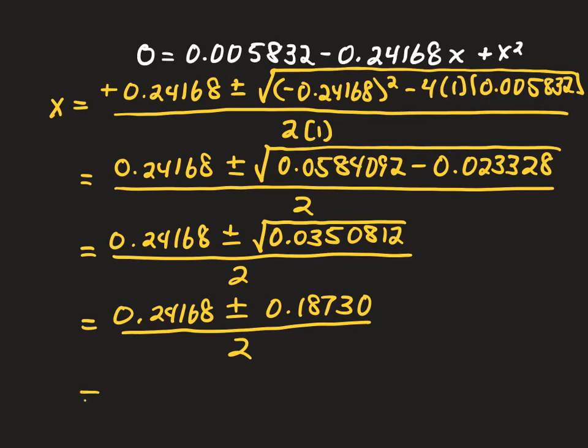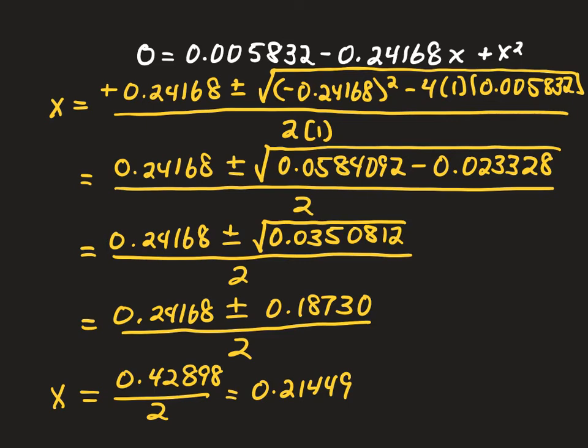And so that is equal to, depending on the plus or minus, so x is equal to 0.42898 over 2, which is equal to 0.21449, or, change colors here, x is equal to 0.05438 over 2, which is equal to 0.02719.